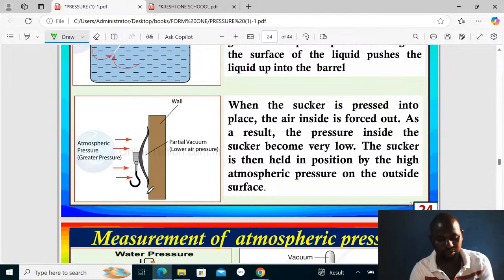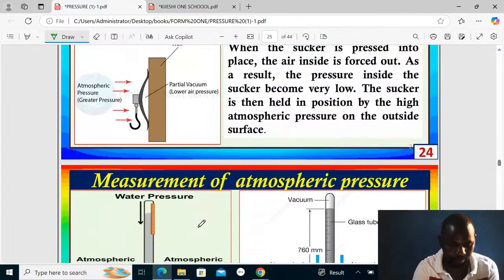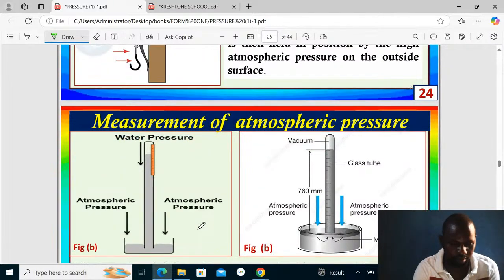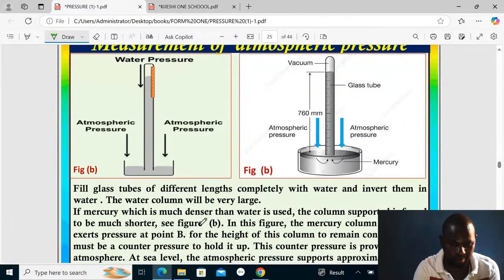We have measurement of atmospheric pressure. We have the issues to do with the barometer. Then there is a point where we need to compare why we cannot use water as a barometric liquid, but we do encourage ourselves to use mercury as a barometric liquid.